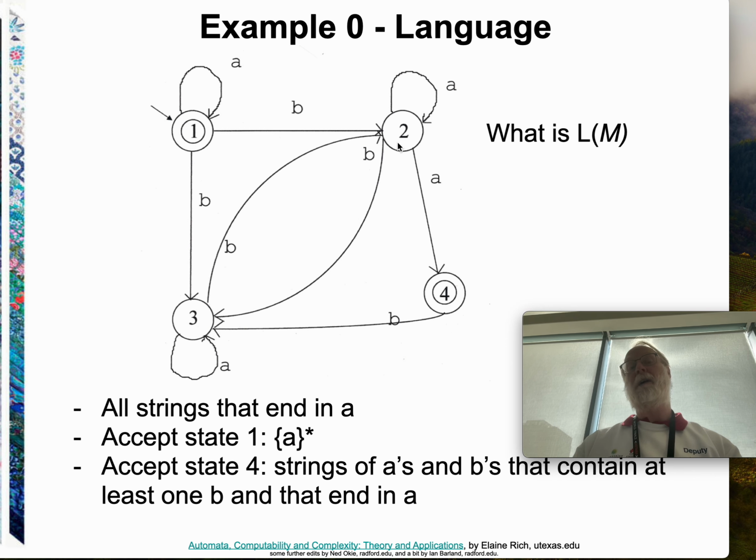You can figure out that whether you have an even or odd number of B's in any sort of chunk, you can end up in state 2 after either an even number or an odd number, and then end up in an accepting state. So I can look at the string BBBA, where I know there's an odd number of B's.